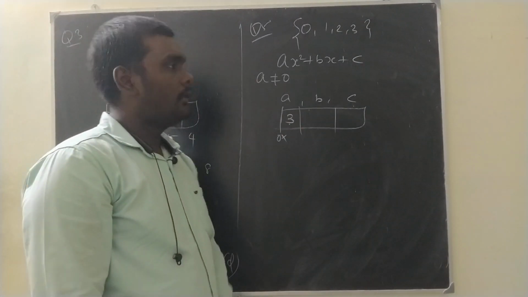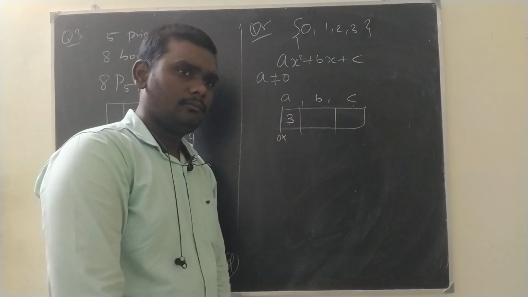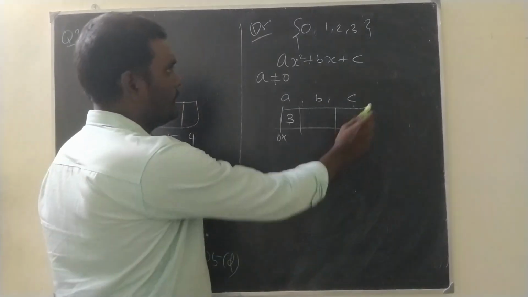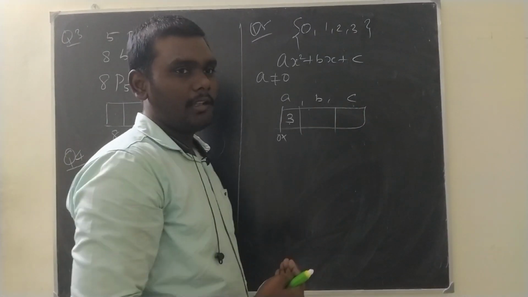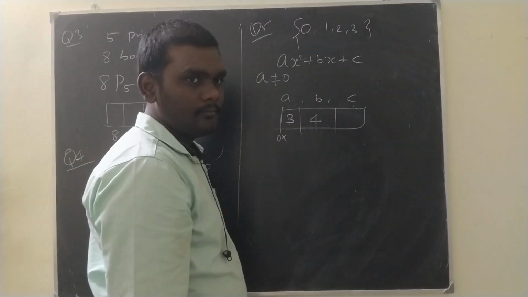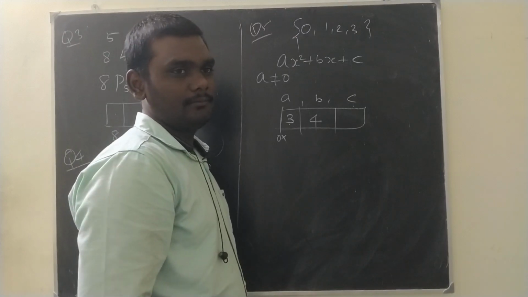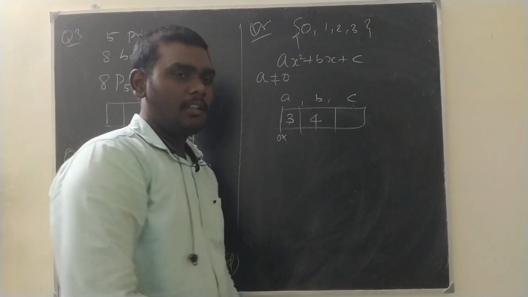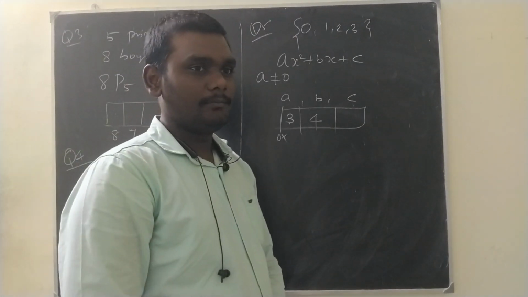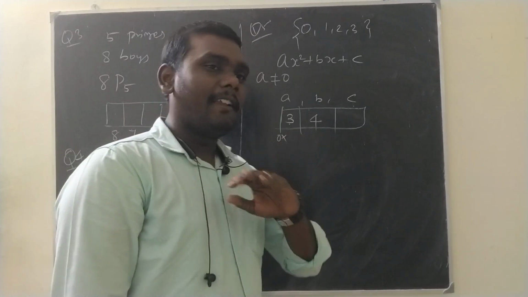B can be 0 also, so any of the 4 can come. Repetition is allowed, but in the question they didn't mention that repetition is allowed. It is hidden in the question.